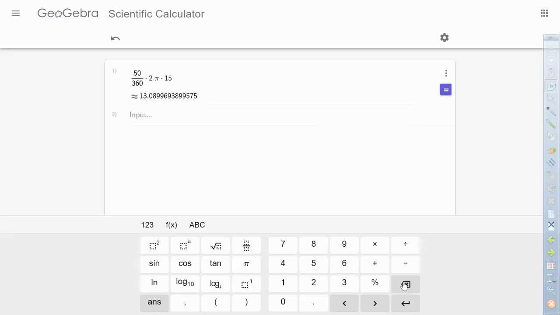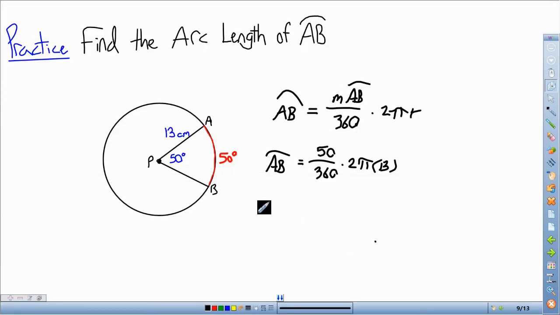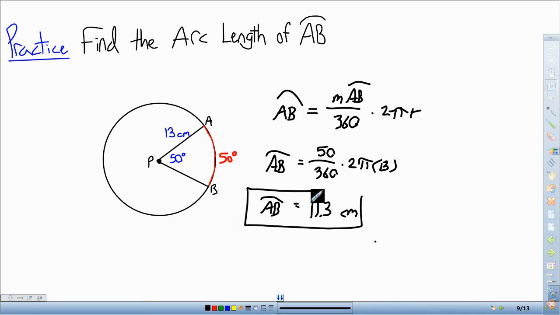Man, my memory is terrible, huh? There we go. Okay, so I'm getting 11.34, so that 3 stays 3, so 11.3. So arc AB equals 11.3, units are centimeters, and there we have it.